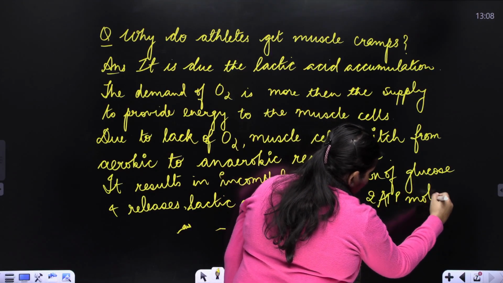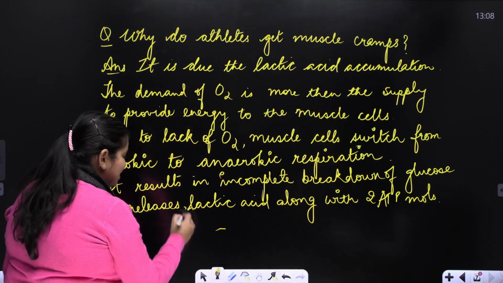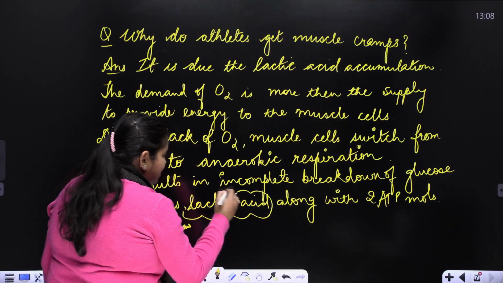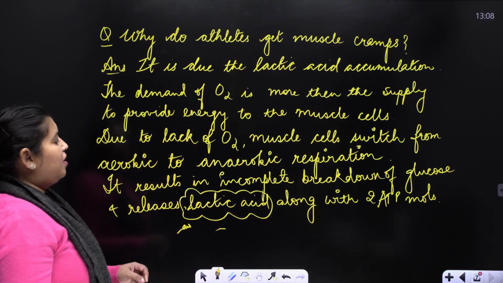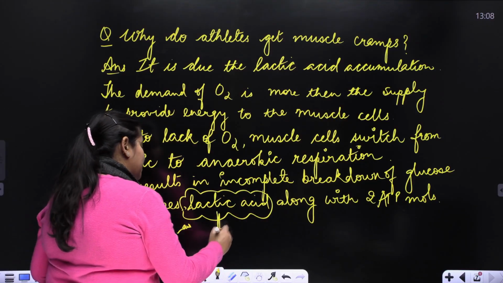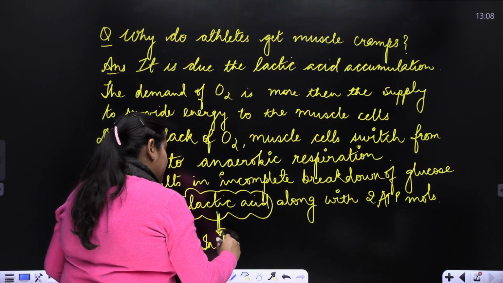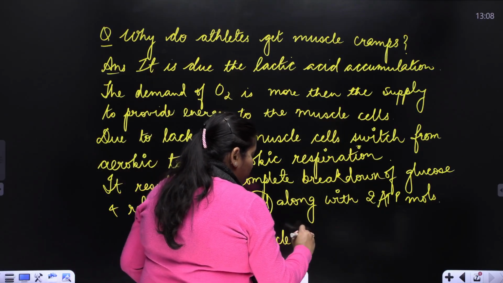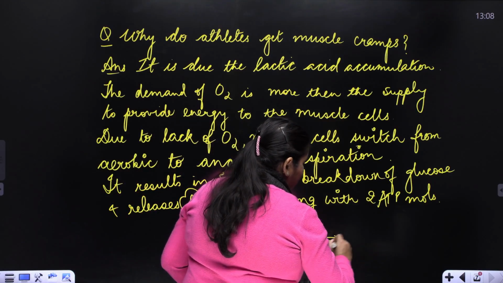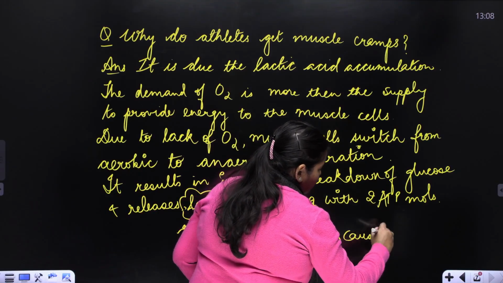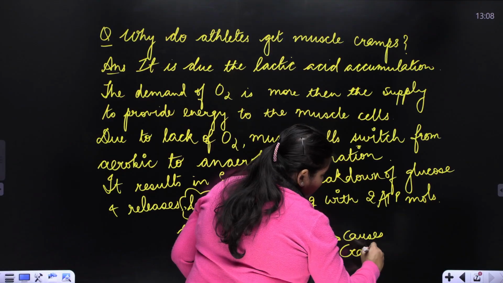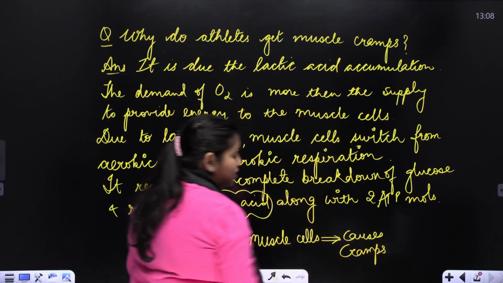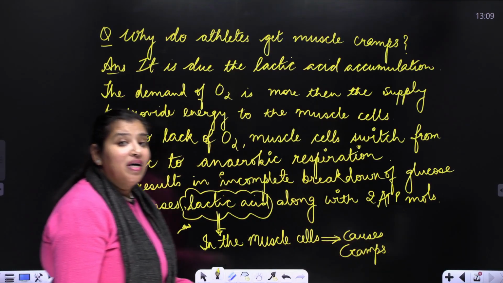And these molecules of lactic acid get accumulated in the muscle cells. And once they accumulate in the muscle cells, it causes cramps. That is why athletes get muscle cramps.